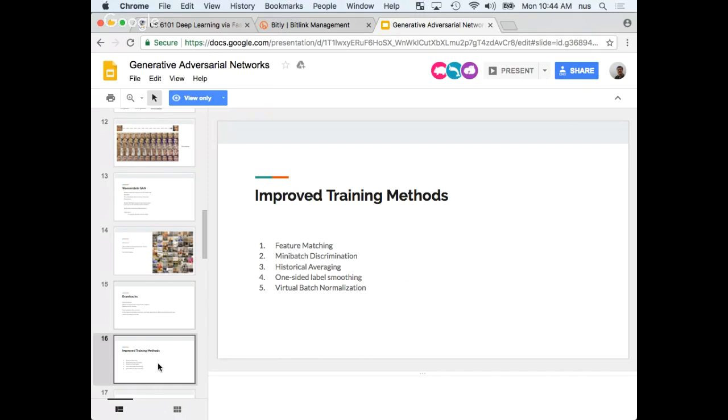After they released their initial GAN paper, Goodfellow and a few other authors improved the training methods for GANs. The architecture that they used is very similar to DCGAN, but they added a bunch of new features for training.